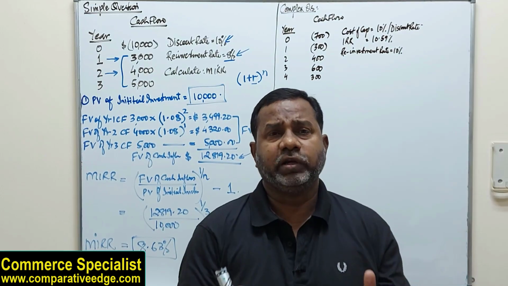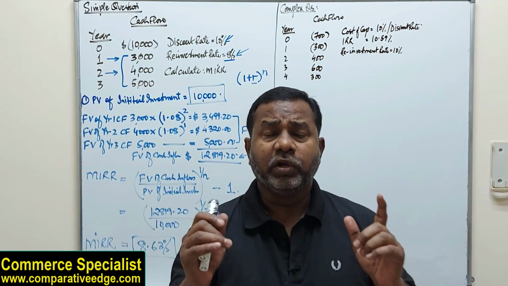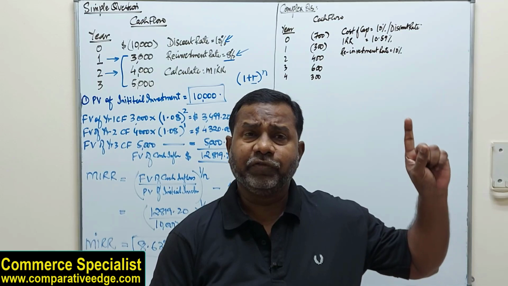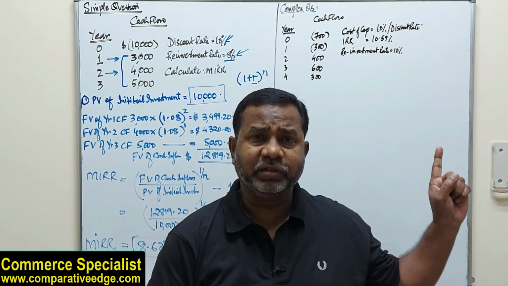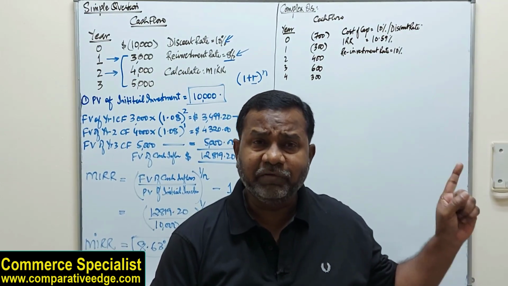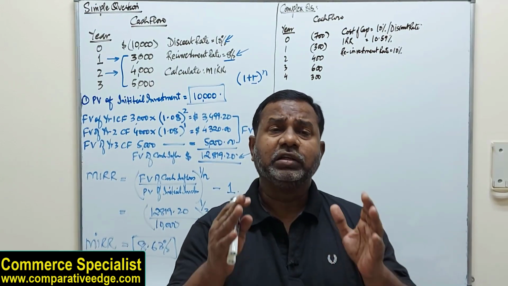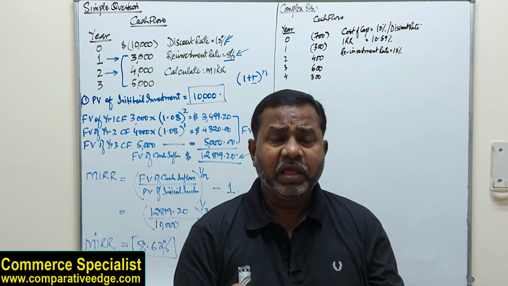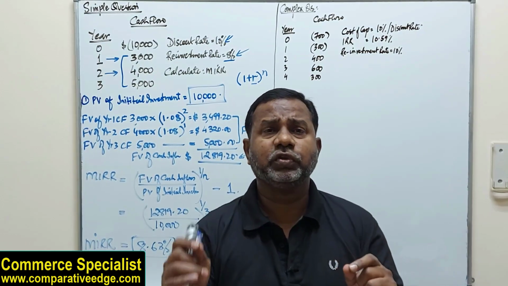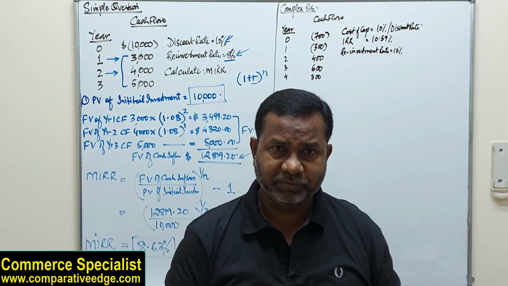Now, what is the decision criteria? Originally, if you refer to my video on investment appraisal, where I calculated NPV, IRR, everything, especially for IRR, the decision criteria is if IRR is more than cost of capital, we should accept the project.